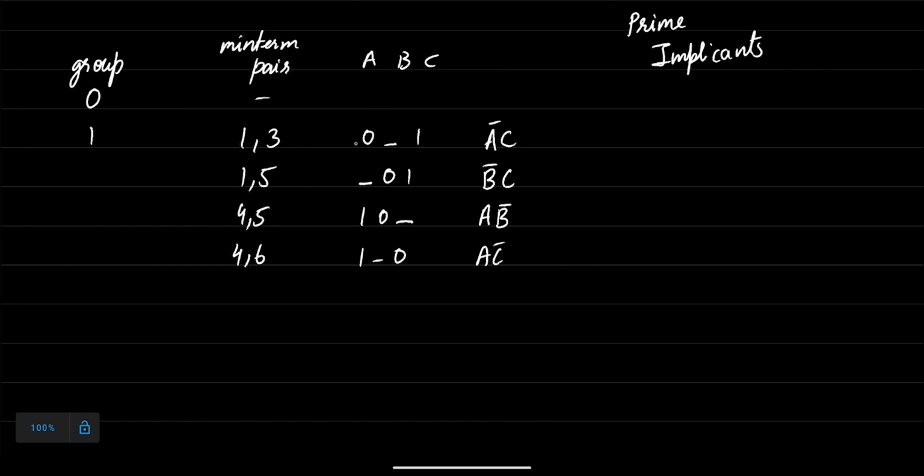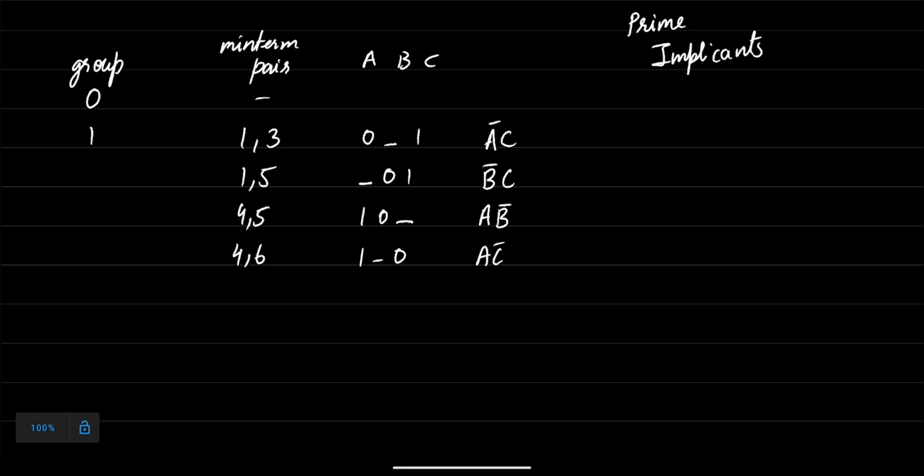So, for example, this first 1-3 pair, it's inversely dependent on A, directly dependent on C, and not dependent on B. So, inversely dependent on A, directly dependent on C, and it doesn't have a B in its implicant. Similarly, for 1 comma 5, we get inversely dependent on B, directly dependent on C, and so on.